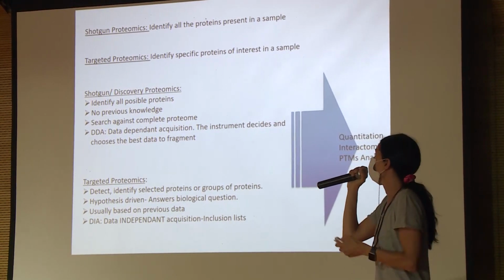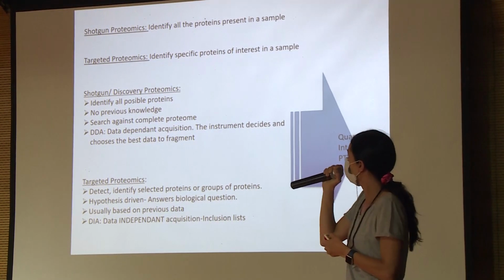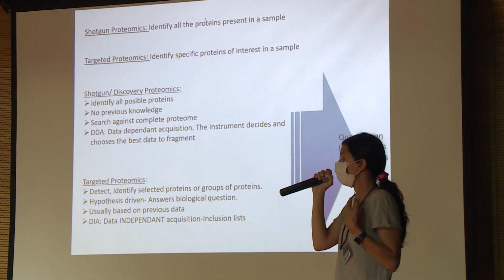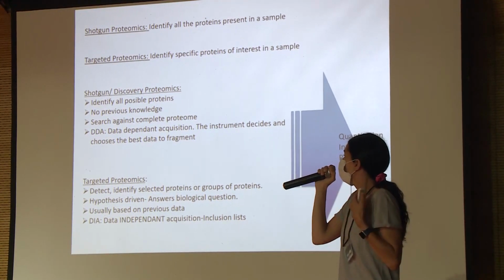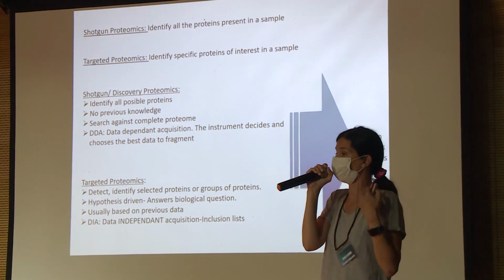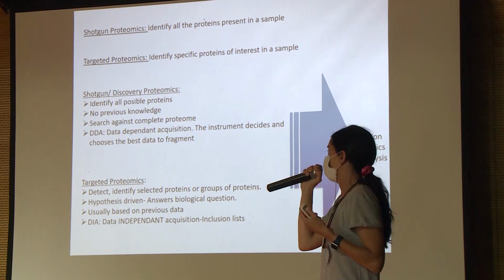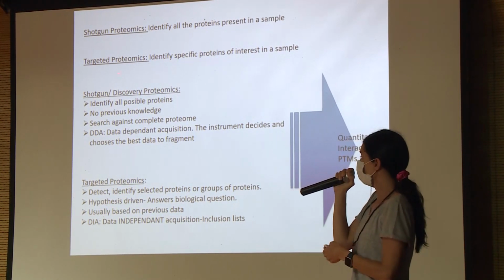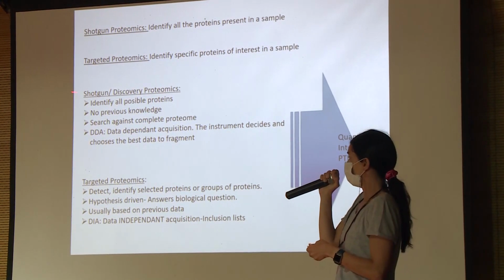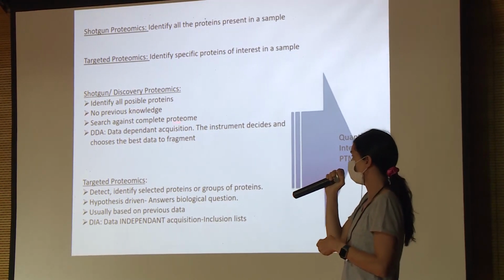In a shotgun experiment, we are going to try to identify all the proteins present in a sample, whereas in a targeted experiment, we are going to try to identify specific proteins of interest in a sample. So in a shotgun, also called discovery proteomics, we're going to be trying to identify all possible proteins.